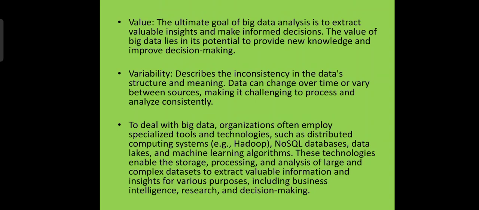The value of big data lies in its potential to provide new knowledge and improve decision making. Variability describes the inconsistency in the data's structure and meaning. Data can change over time or vary between processes, making it challenging to process and analyze consistently.